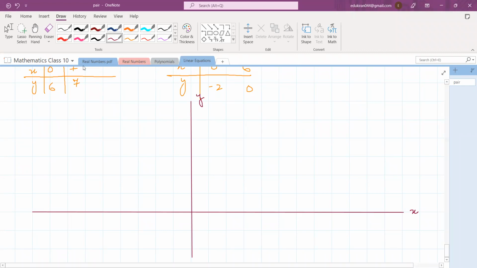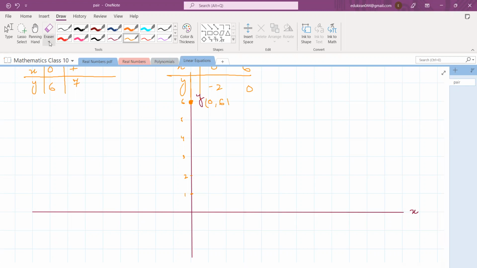Let us start. When x is 0, y is 6. So this is 1, 2, 3, 4, 5, and 6. Mark this point: 0 and 6. You can extend your graph here. Next, when x is 7, y is also 7, so I'll need some more space.